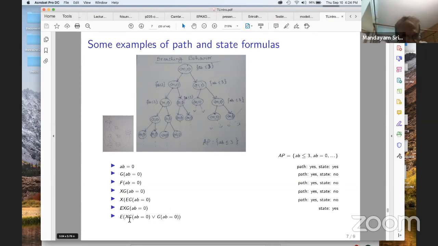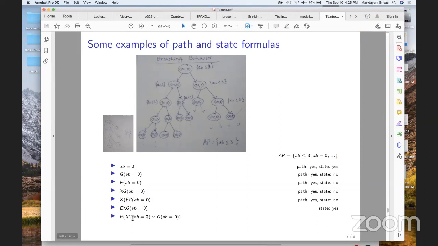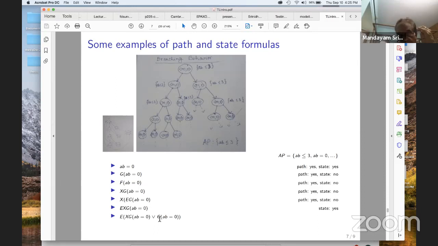Okay, first, how about the sub-formula without the E, which is a disjunction. Tell me if that is a state formula or a path formula. Ignore the E. It is a path formula. Correct. So that's a path formula. It's actually a disjunction. So it contains those paths in which either the first disjunct is true or the second disjunct is true, or both of them are true.